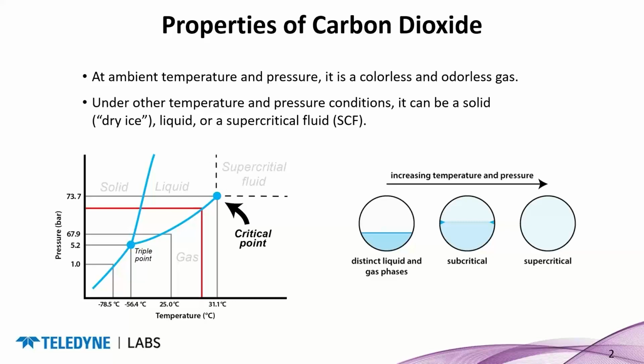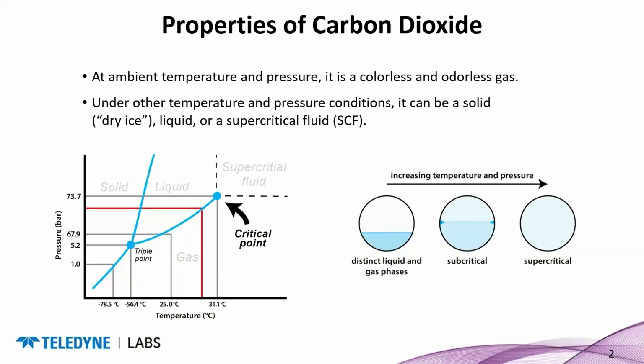For example, when it's a solid, we often know that as dry ice, but that's at very low temperature, minus 78.5 degrees Celsius. It can also be in liquid form, so a little bit warmer to achieve that.